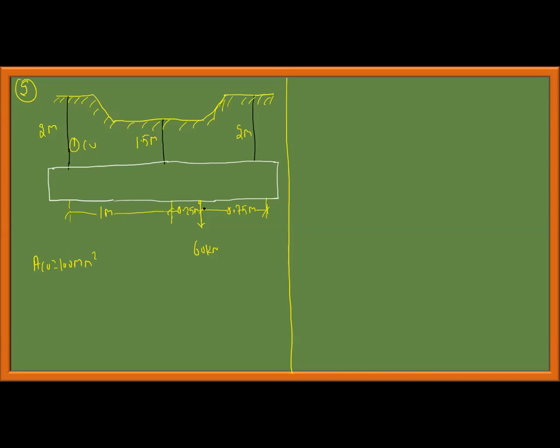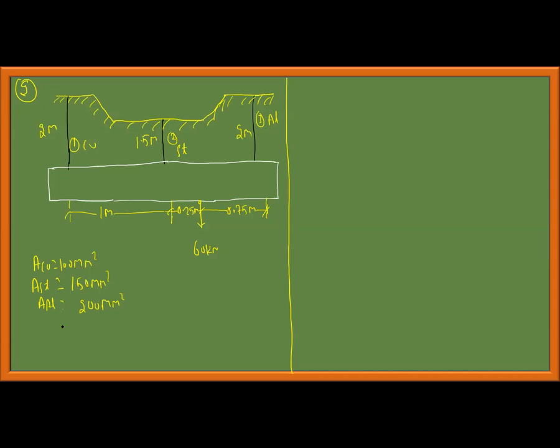Rod 2 is of steel, and the area of cross section is 150 mm square. And rod 3 is of aluminum, and the area of cross section of aluminum is 200 mm square.